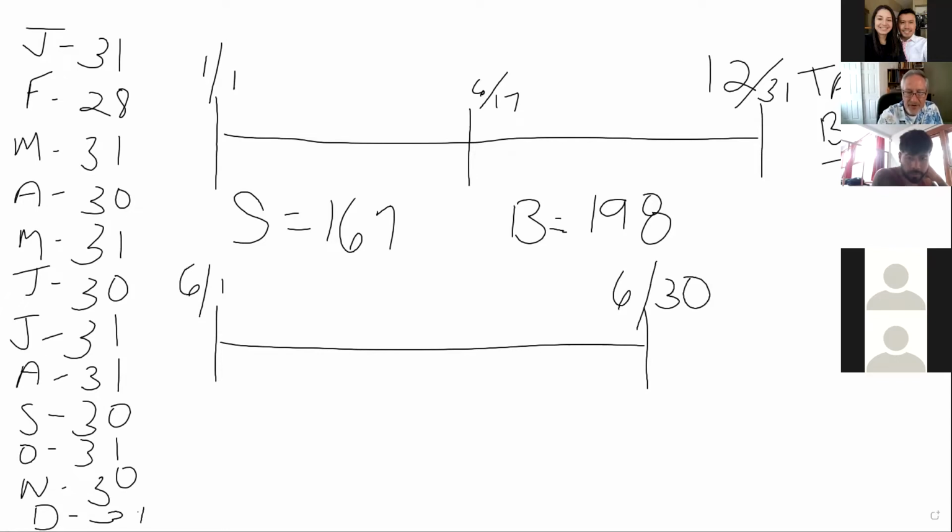Let me show you why we're doing this. The closing is on the 17th, which is about the middle, maybe a little bit more over here. 6/17. You just told me who gets debited, who gets credited, right? Seller over here, buyer over here. When I make my monthly payment, the interest for June will be paid in July.